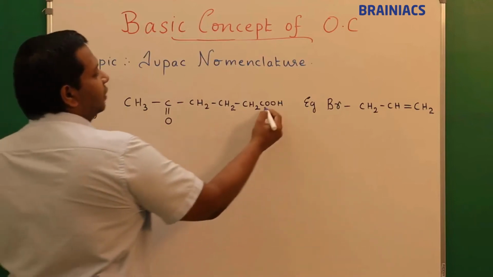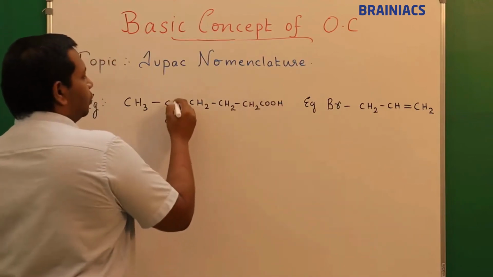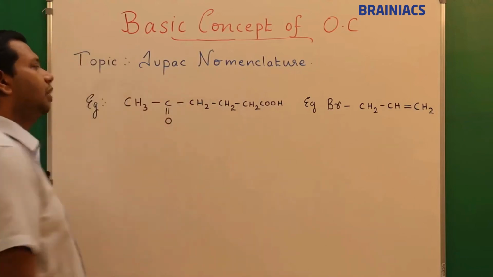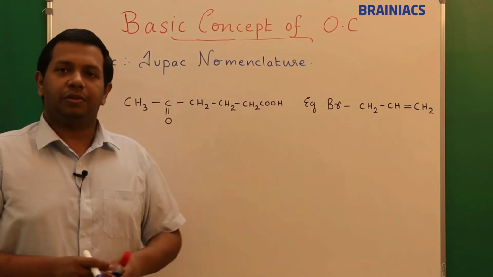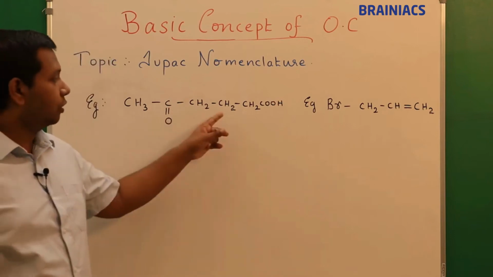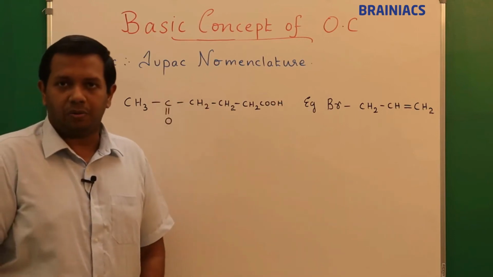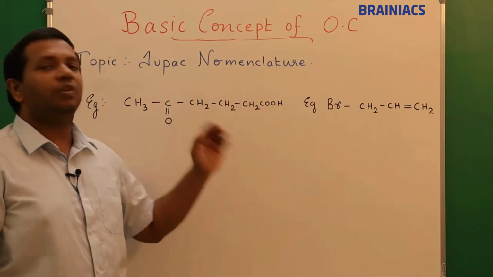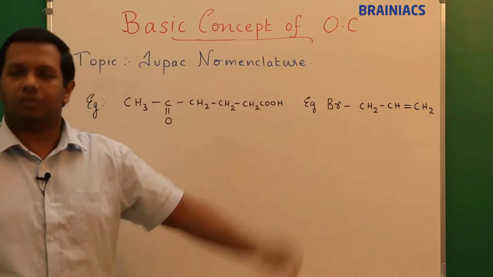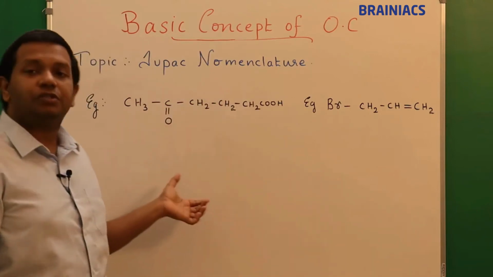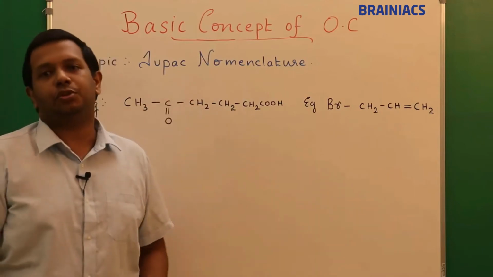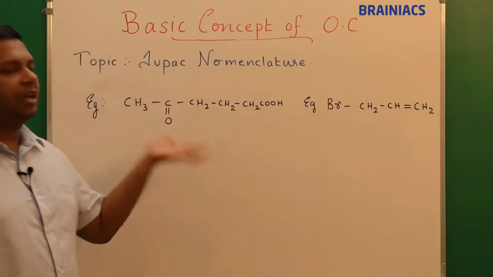We could see here a COOH group, which is a functional group, and we could also see there is a carbonyl group. We know that as per the IUPAC rules, when there are multiple functional groups present in an organic compound, one of the functional groups will act as the main, senior-most functional group, and the other functional group will behave like a substituent. Now who will be the main functional group?